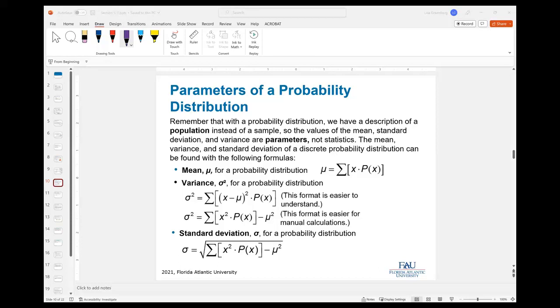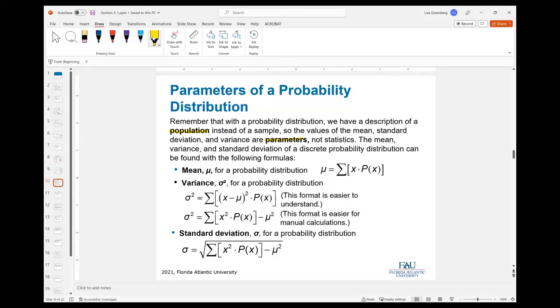Remember that with a probability distribution, we have a description of a population, not a sample. So the values of the mean, standard deviation, and variance are parameters, not statistics.